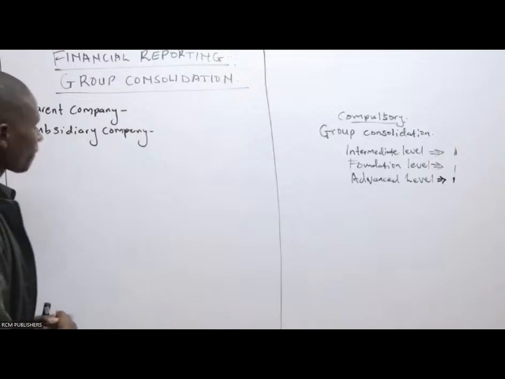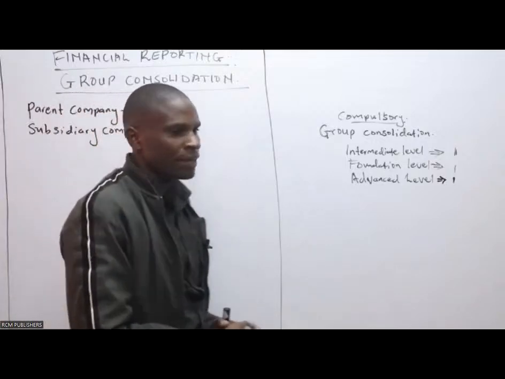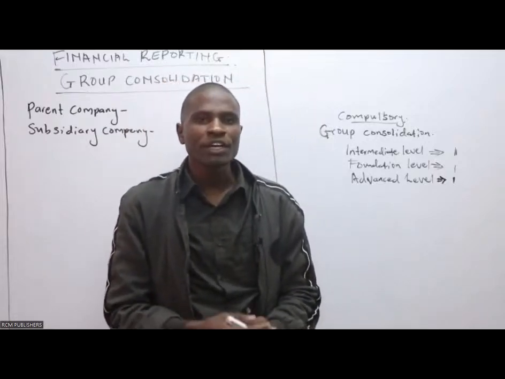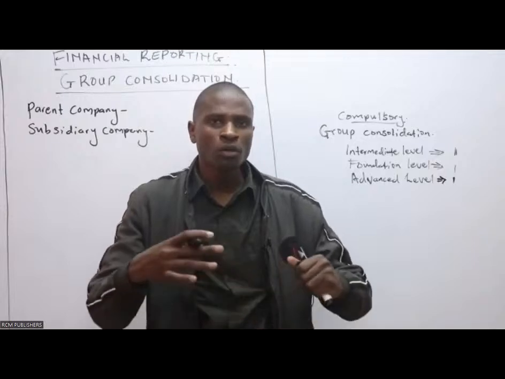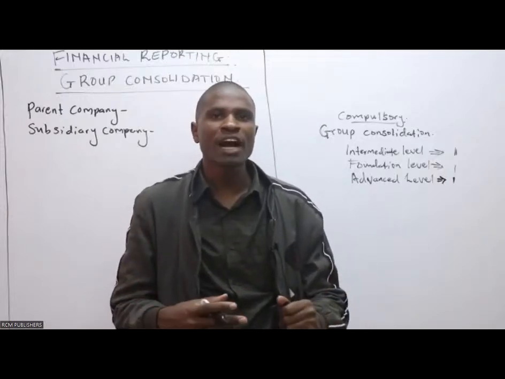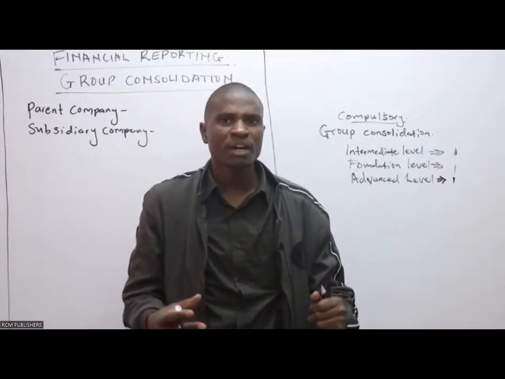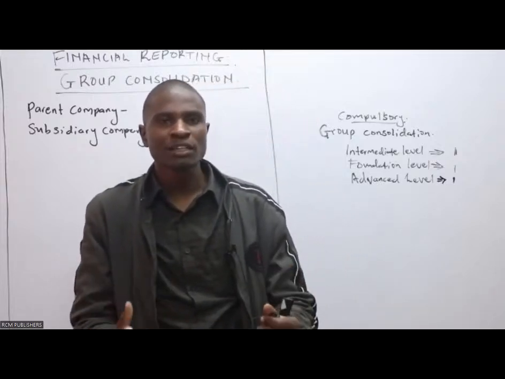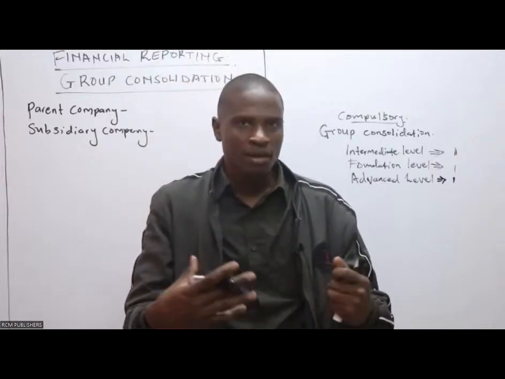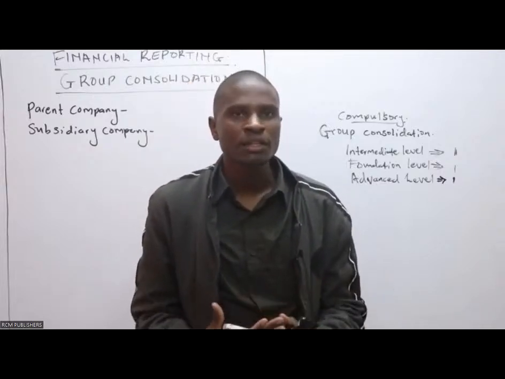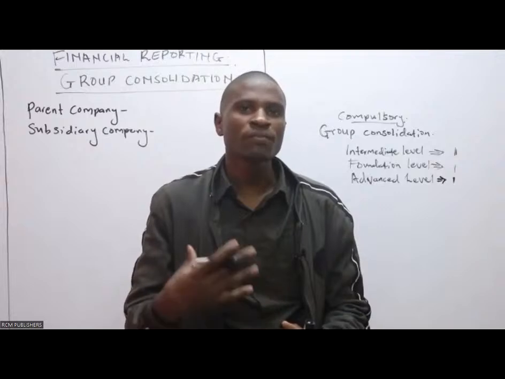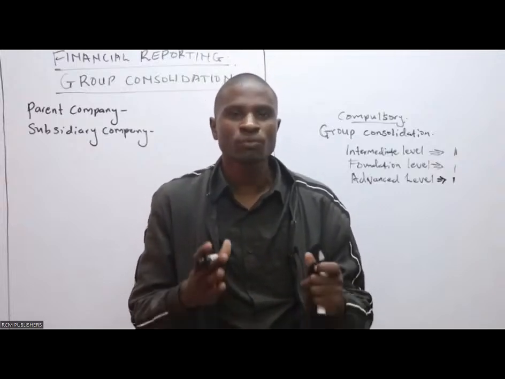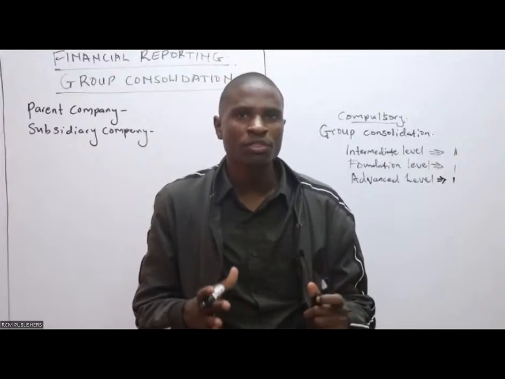So the parent company qualifies to be called parent if it has more exposure. You find that it acquires some of the shares of another company. And we say if it acquires more than 50% of shares, what do we call the other company?